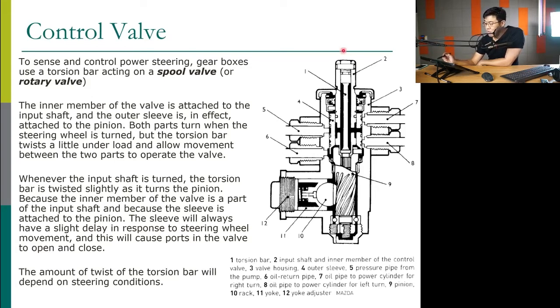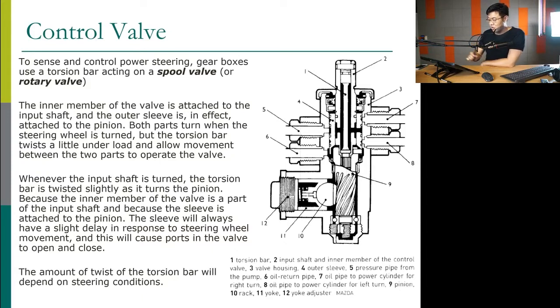Now, if we turn the steering wheel and there is some resisting force coming from the wheels, it comes to the rack and to the pinion. So if we turn the steering wheel, the torsion bar will twist a little bit, and that action will move the spool valve and open it.